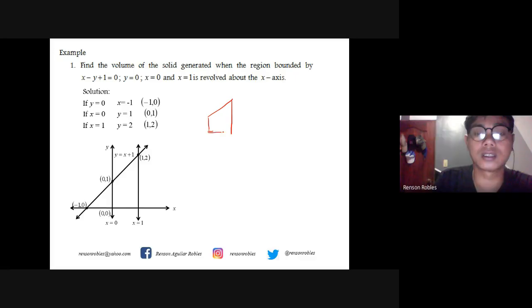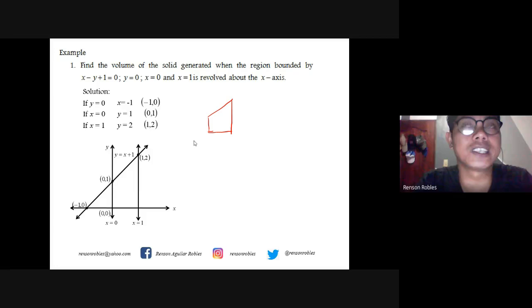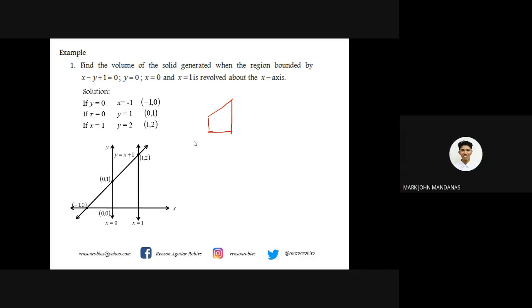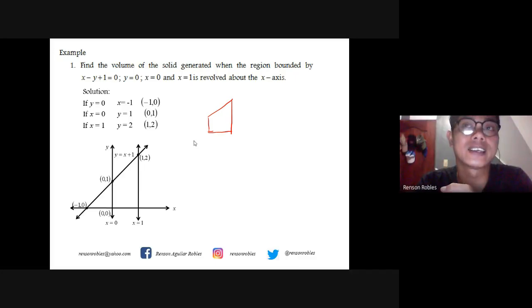Okay, and then you identify the element. You try to divide it horizontally. How many slices? How many subdivisions when you do it horizontally? Dalawa po. Okay, yeah, dalawa.